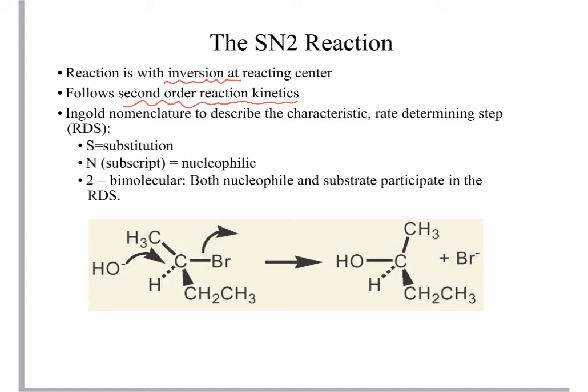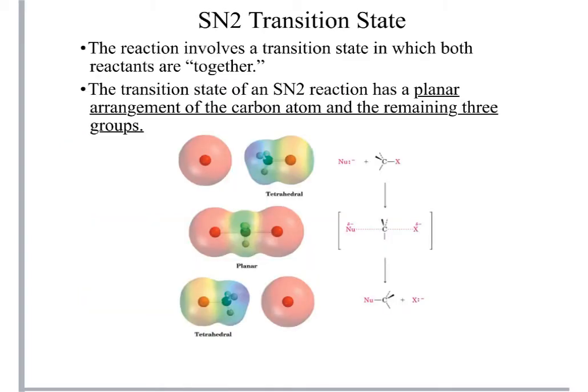So the rate depends on the concentration of both the nucleophile and the alkyl halide, as both of those species participate in the rate determining step. And again, there's no intermediate; the transition state is planar at the reacting carbon center.